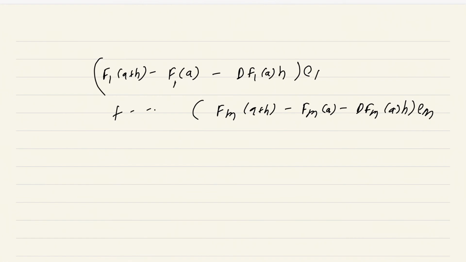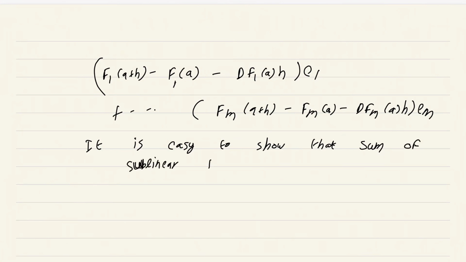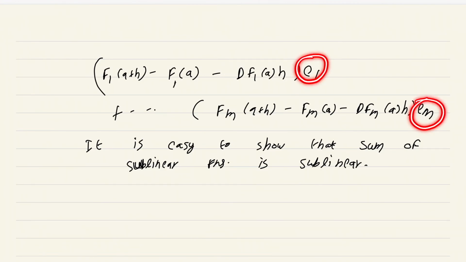Now by the fact that each fi is differentiable, by definition each one of these is sublinear, and it is easy to show that the sum of sublinear functions is sublinear. I'm being a bit vague here because there are these vectors e1 to em, so what exactly do I mean by sum and all that? I am going to leave it to you. These are easy checks. Okay, so this concludes the proof.